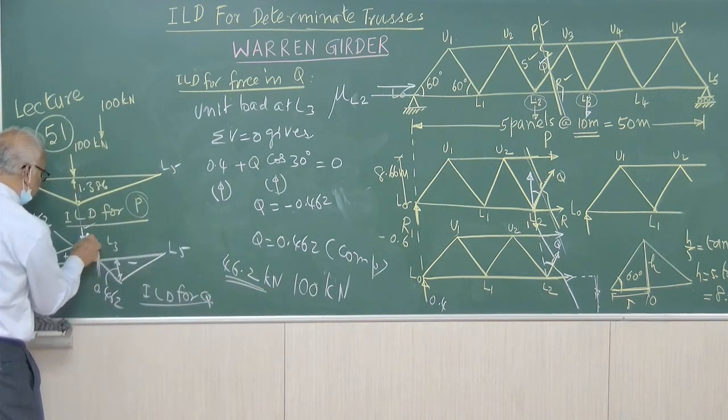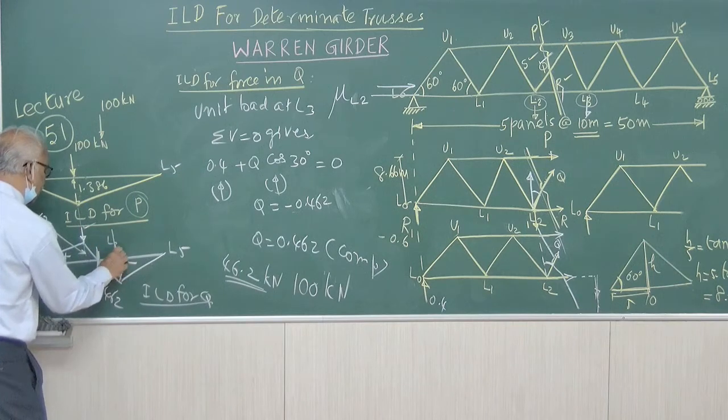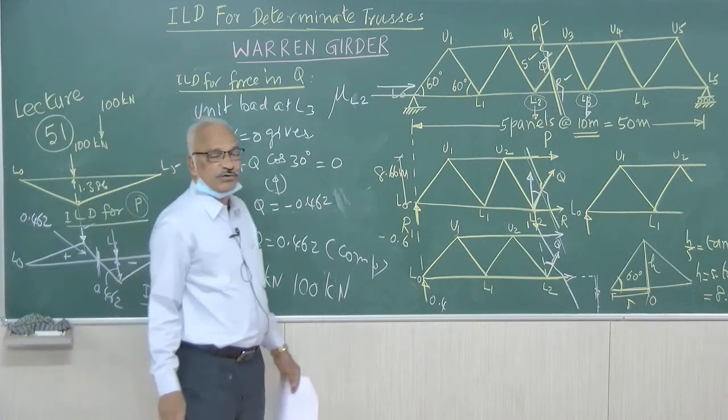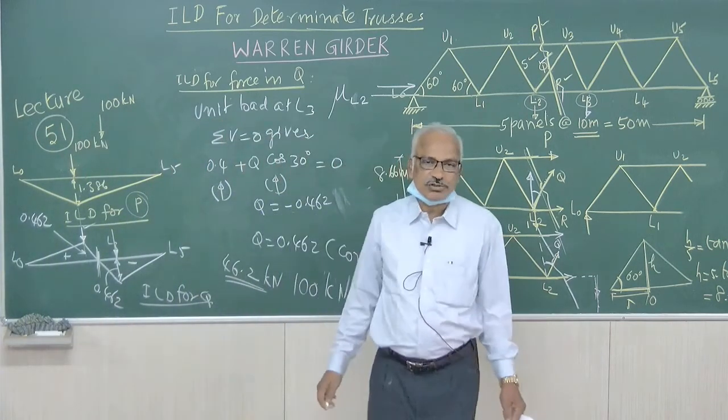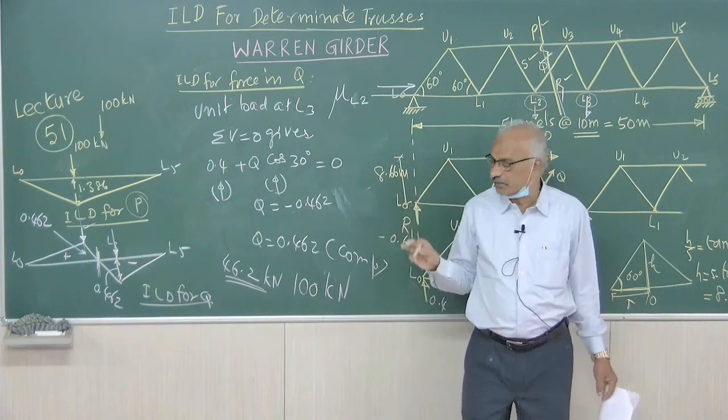Similarly, since it is a moving load, when the 100 kilonewton moving load occupies this position, the same member will be subjected to a maximum compressive force of 46 point. So the force equal to load into the ILD ordinate of the influence diagram.